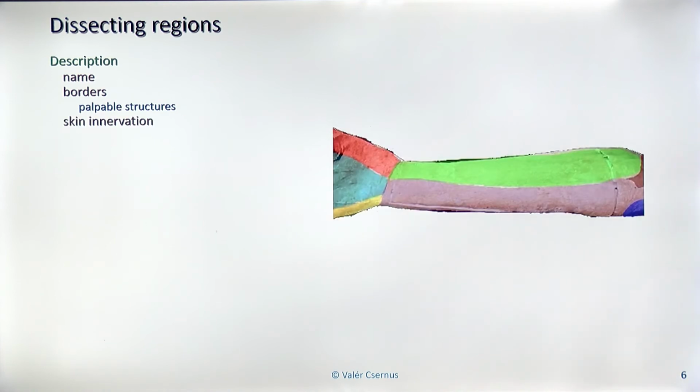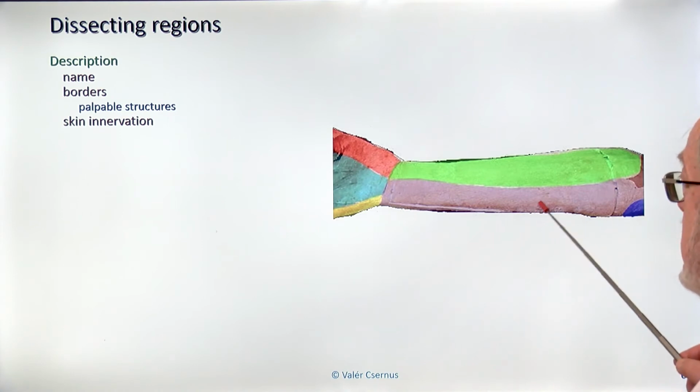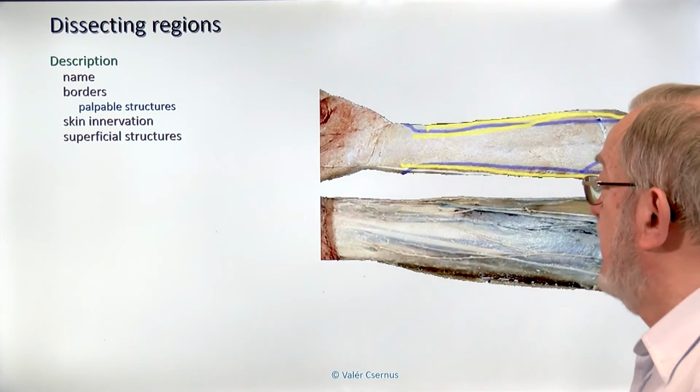The next is the skin innervation. Before you talk about what's below the skin, where you remove the skin, you have to talk about the skin innervation. So this area is innervated by a nerve like the cutaneous antebrachii medialis and so on, lateralis and so on. So you have to describe a couple of pieces of information on this particular nerve.